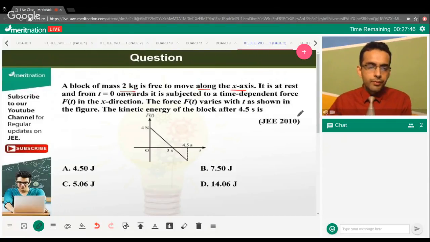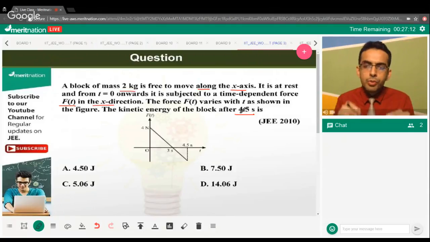It is at rest initially, and after that it is subjected to a time dependent force F(t) in the x direction, whose graph is given here. This graph shows the variation of F with respect to time. What we have to do, students, is find the kinetic energy after 4.5 seconds.